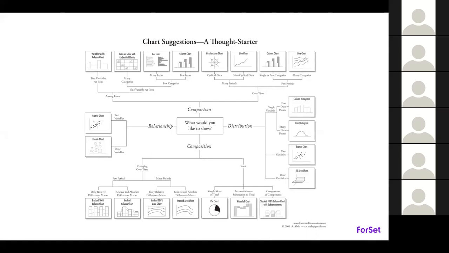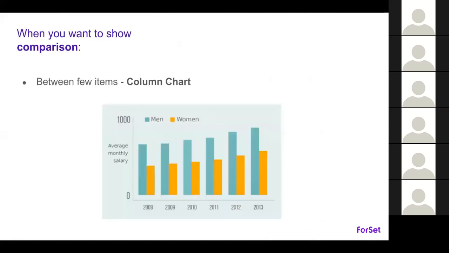We are going to go through most of those chart types and talk about in which case we should use those. For example, when we want to show comparison, it is very good to use the column chart when we have few items.